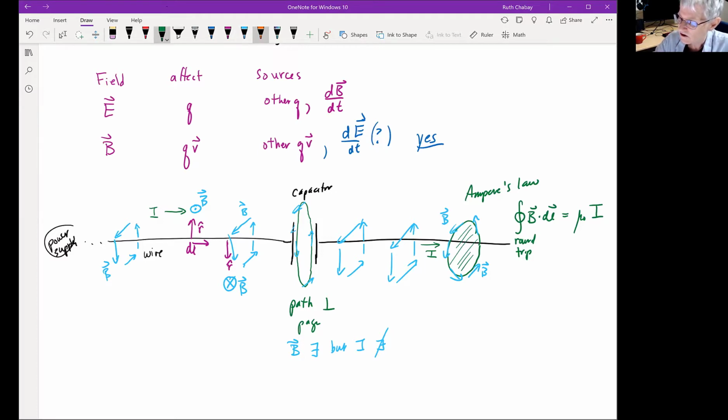Although if we actually just declared that our surface stretched back here, we deformed this soap bubble so it stretched back here, then there would be a current piercing it.